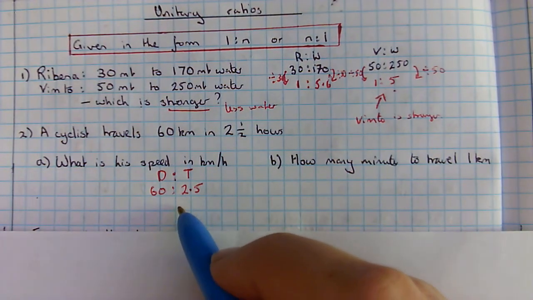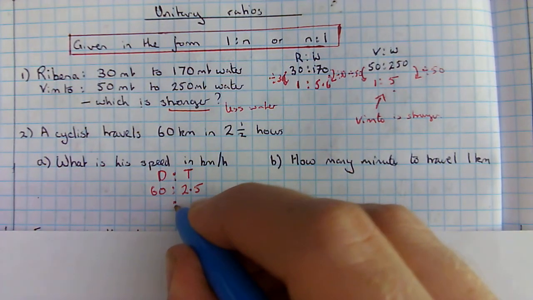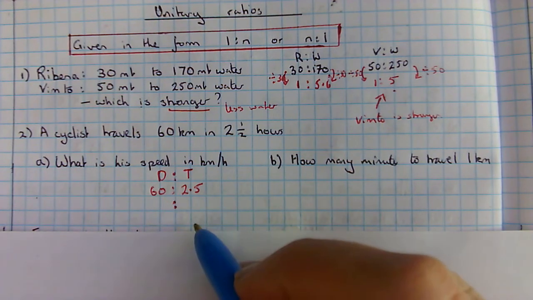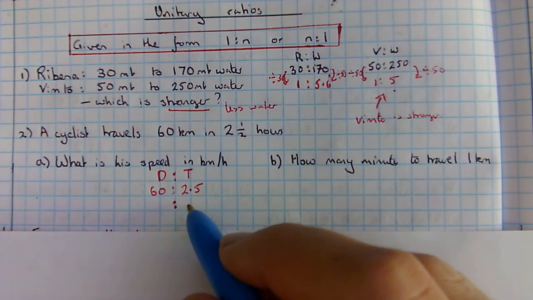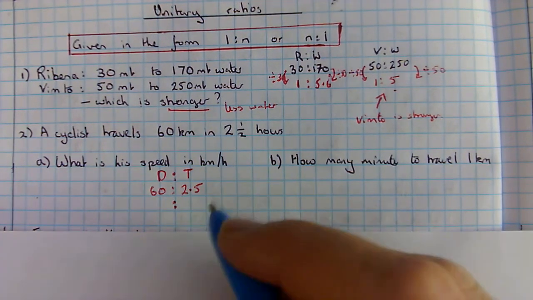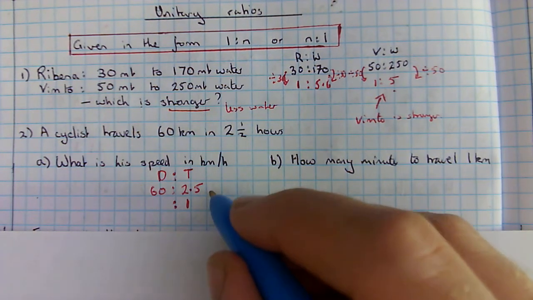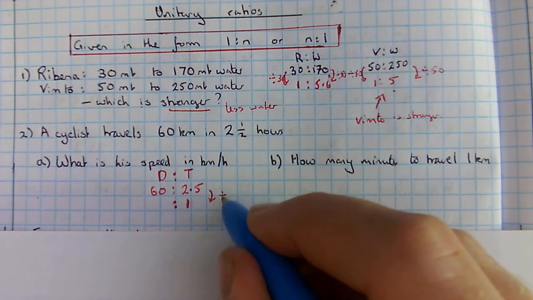I want to get to 1 hour. Actually, I'm going to do this with a calculator because we can show how it's easiest done on a calculator paper by doing it that way. So I want my time to be 1. The distance travelled in 1 hour, that's your speed. So I'm going to need to divide here by 2.5.